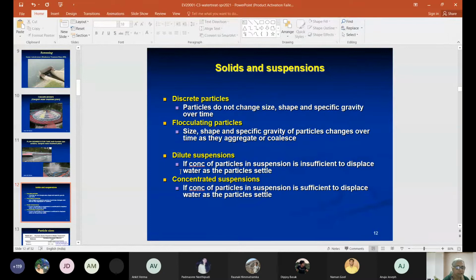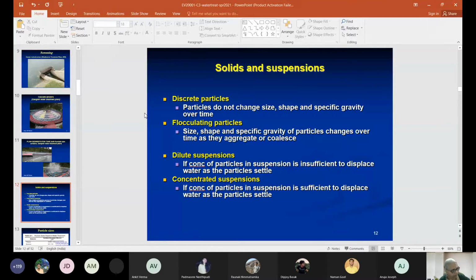Finally, what about suspensions? We have dilute suspensions and concentrated suspensions. These are two categories. Dilute suspensions are defined as suspensions where the concentration of particles is insufficient to displace water as the particle settles. So you can just imagine a cylinder filled with turbid water, and imagine that the turbid water is full of clay or silt.